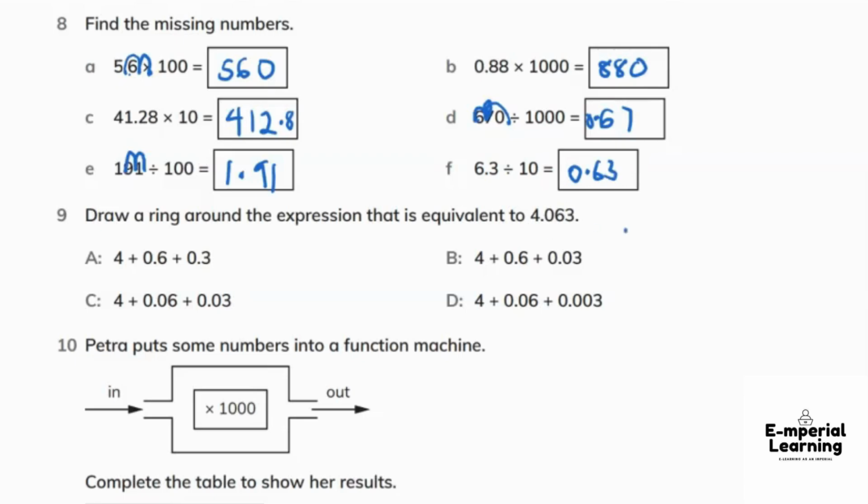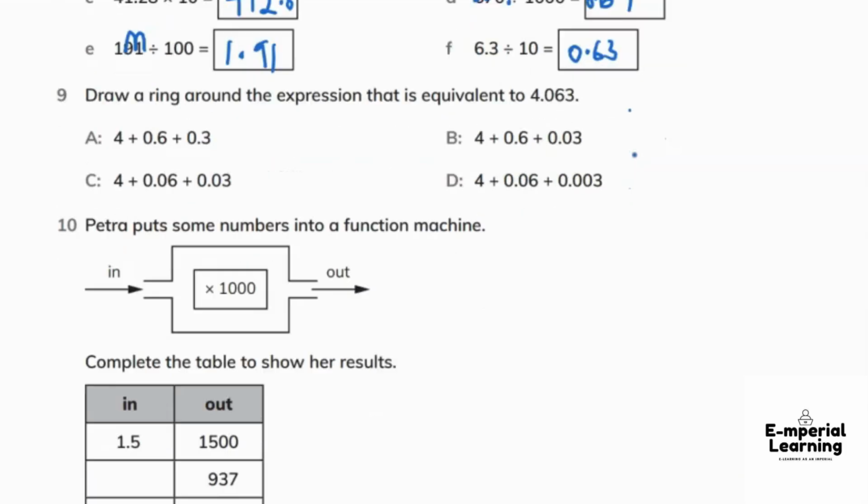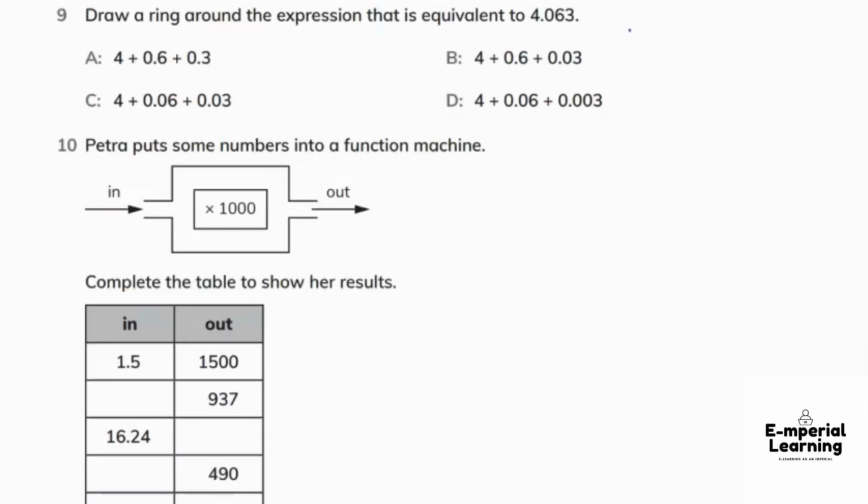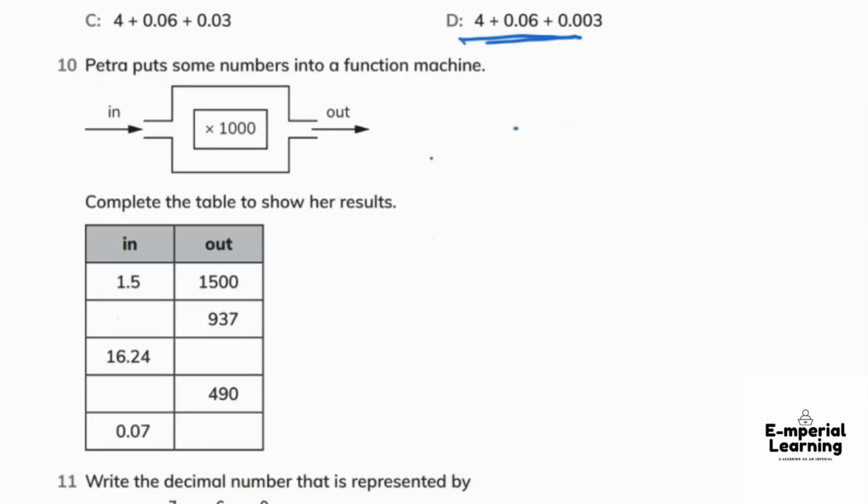It says draw a ring around the expression that is equivalent to 4.063. Just by eyeballing, I can see that the answer is A. Question 10, I'm going to leave for you.